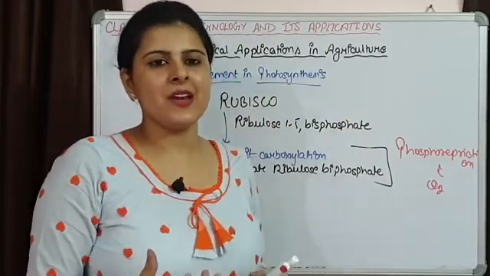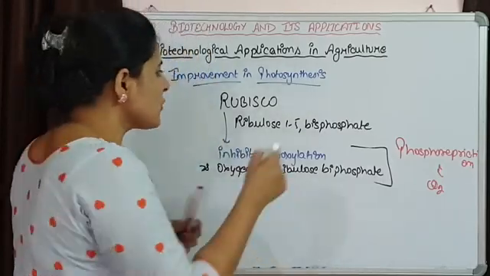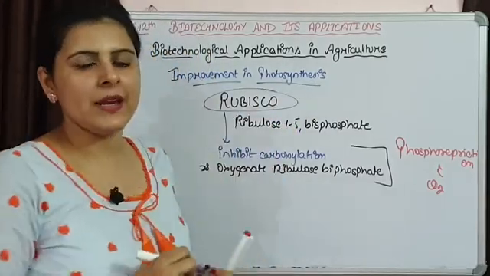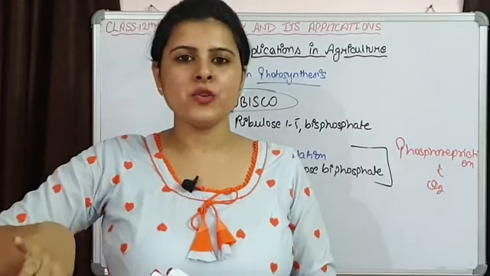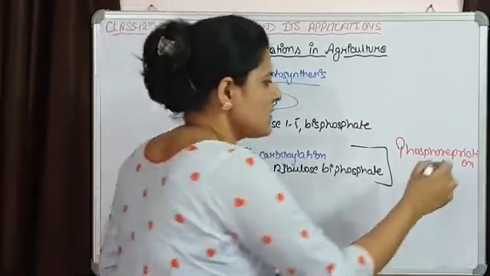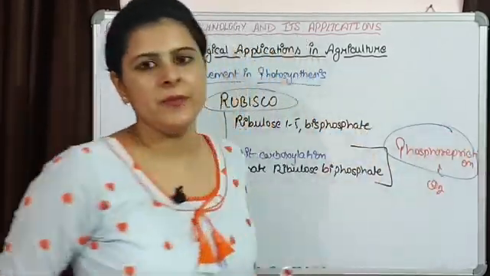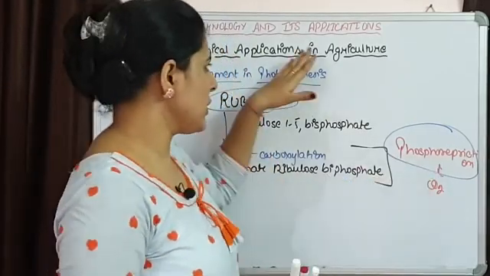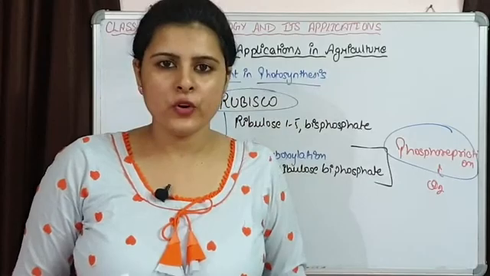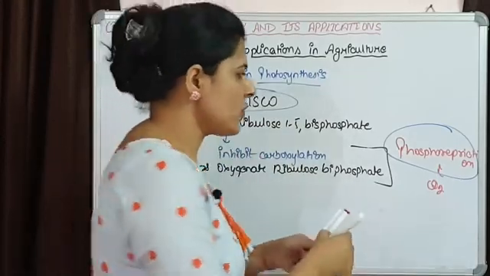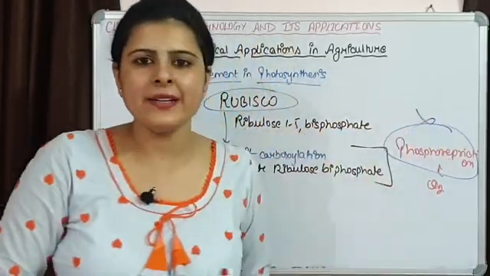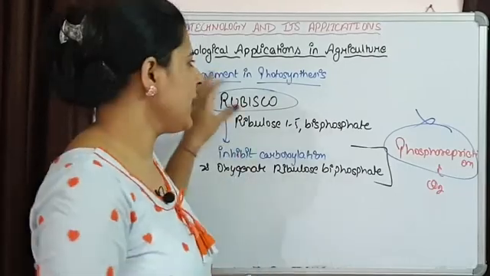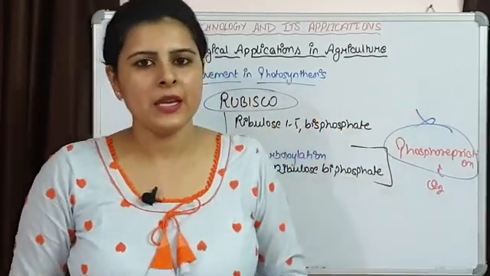Now scientists have tried to extract this rubisco. They tried to genetically modify this rubisco, because photorespiration is a process that reduces our rate of photosynthesis, so that this process of photorespiration can be eliminated and the rate of photosynthesis can be increased.